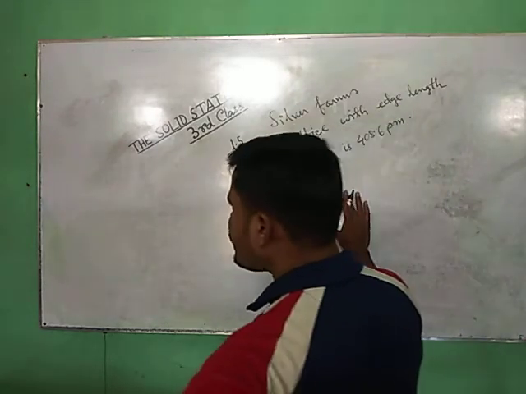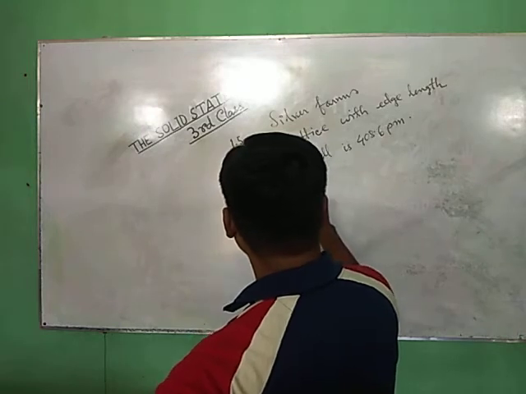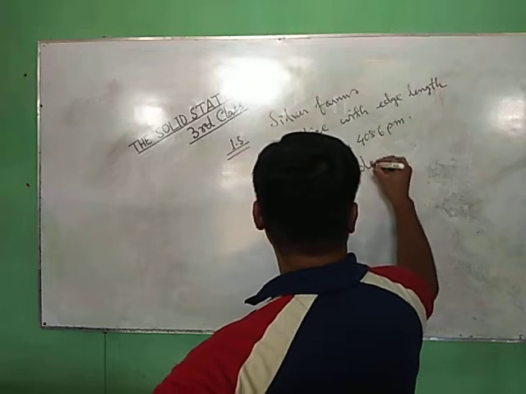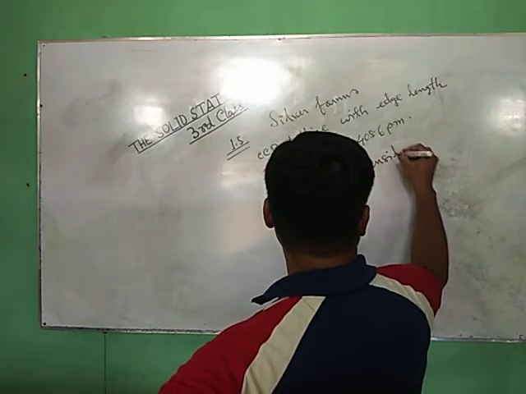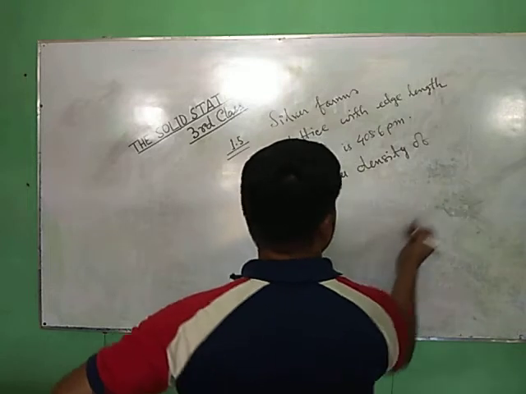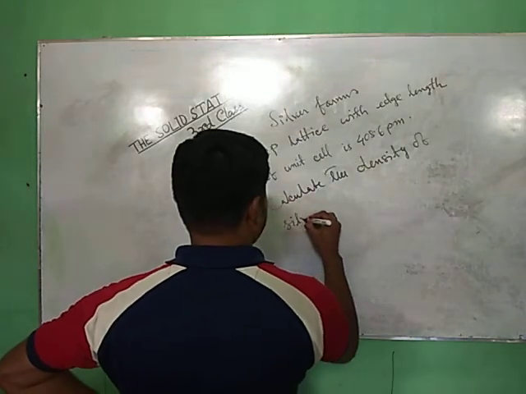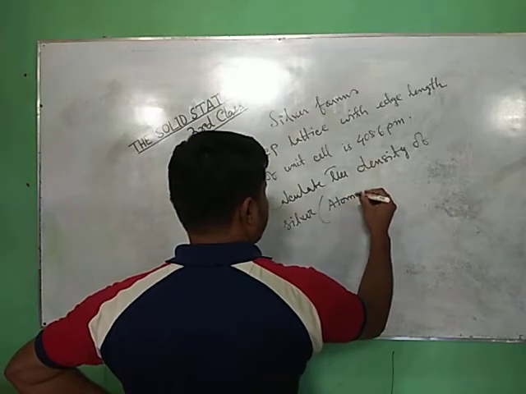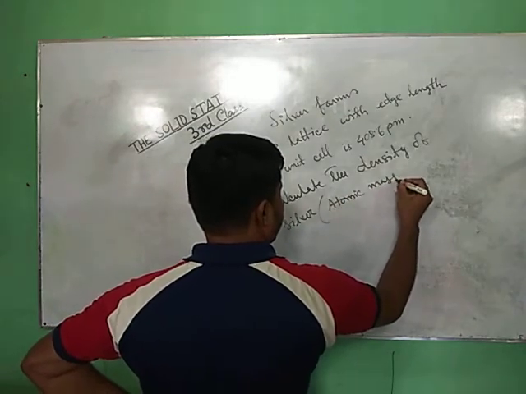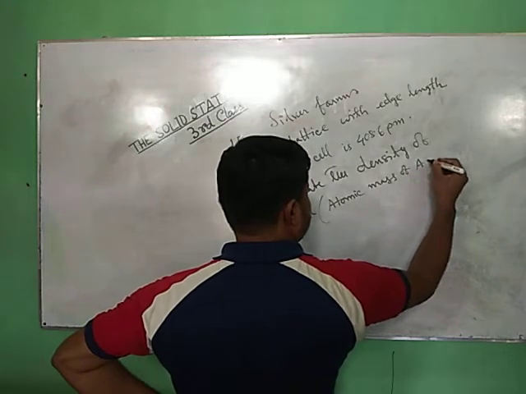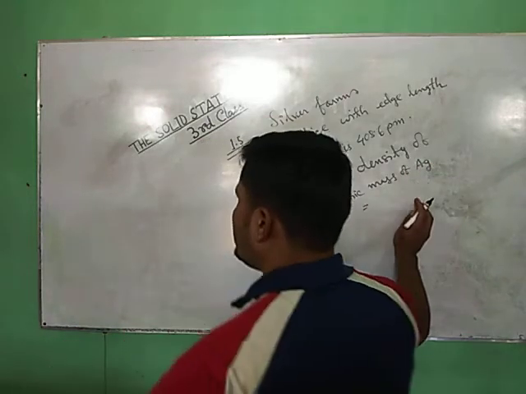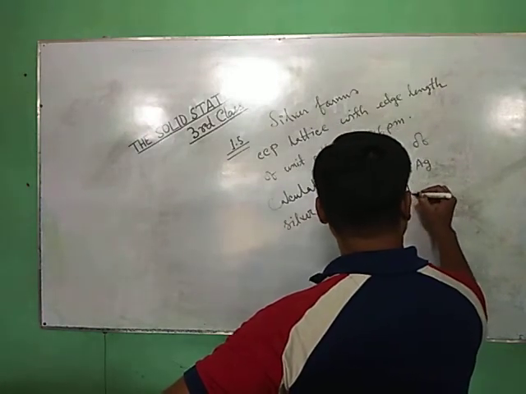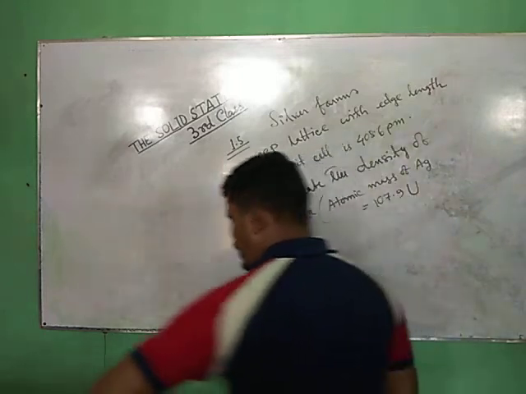Calculate the density of silver. CCP means FCC. You are given the atomic mass of Ag, which is 107.9 u.